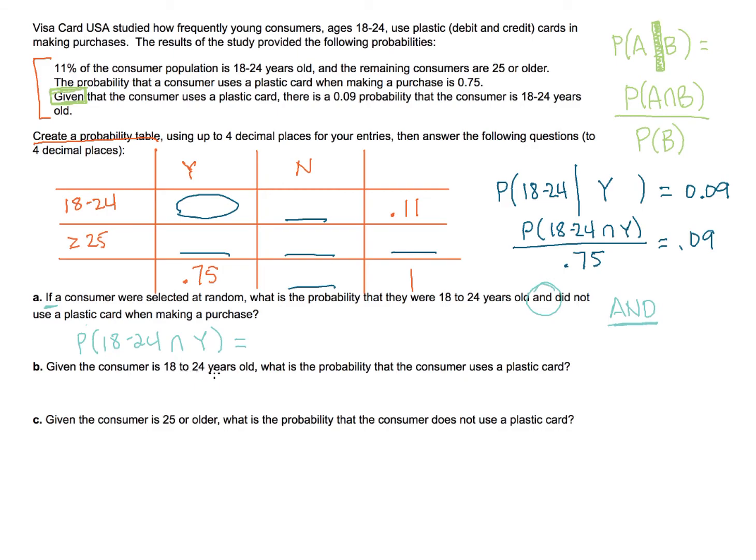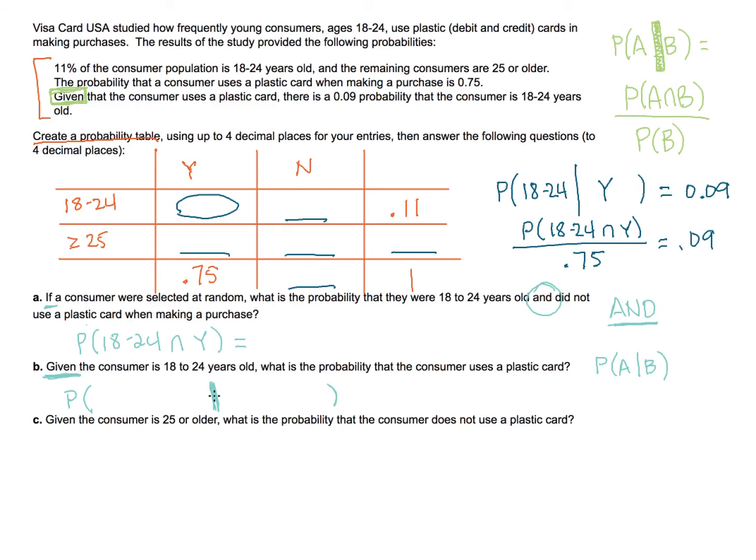Given that the consumer is 18 to 24 years old, what's the probability that they use a card? Okay, given. Hopefully that made you realize that we're dealing with our conditional probability. So let's go ahead and break this down. I'm just going to create my spaces like this.